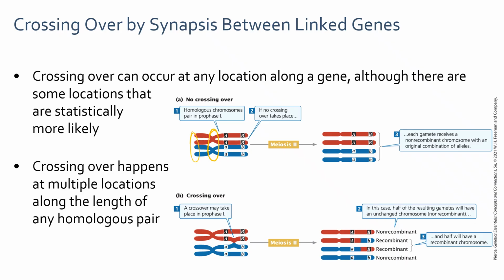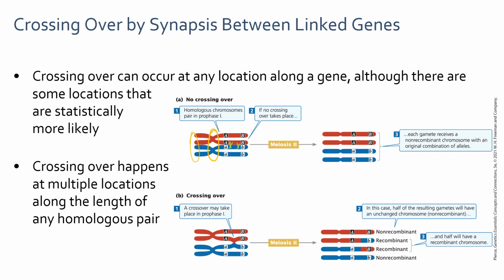So if anything else is going to happen, it would have to be farther away if we're going to have multiple crossing over events. We usually draw this as just one or two crossover events just for simplification, but crossing over actually in real life happens at many locations along a chromosome.